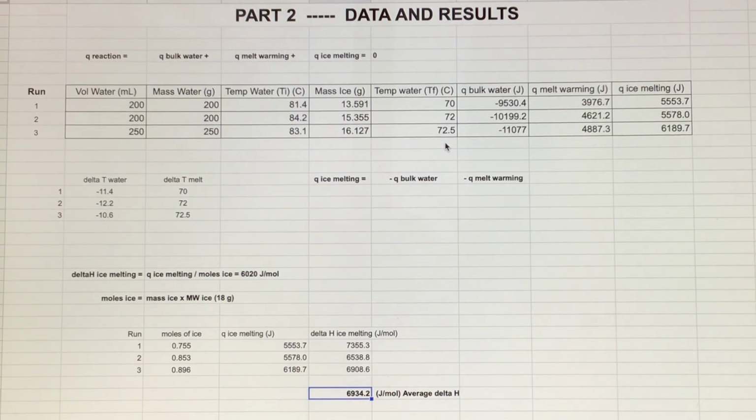So there are different sources of error. I might have made a mistake while I was measuring the amount of water. Maybe I didn't read the meniscus very well, and I got slightly more or slightly less water than I thought or wanted. Okay?